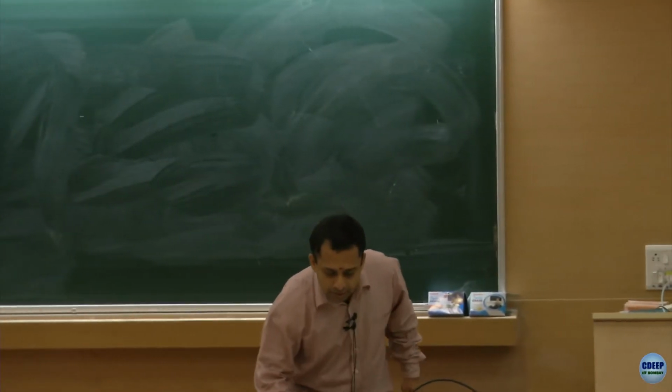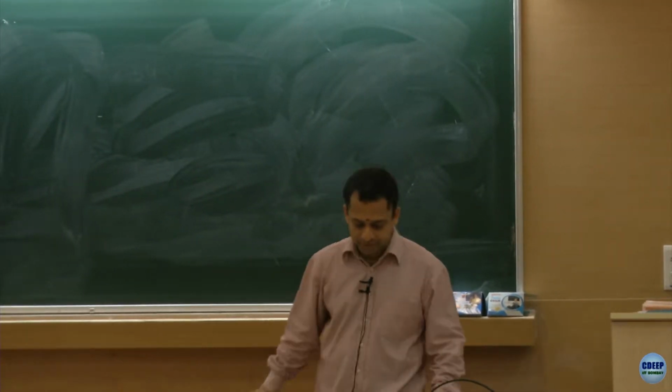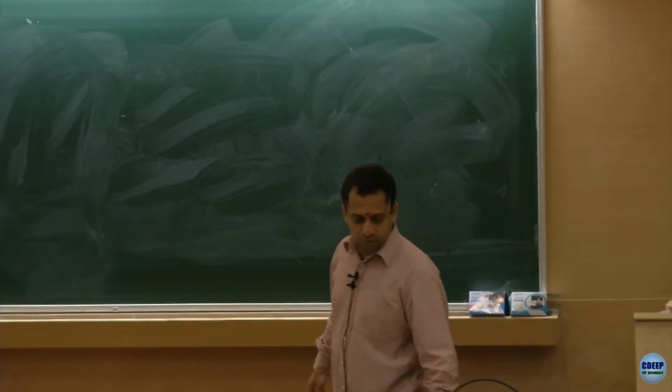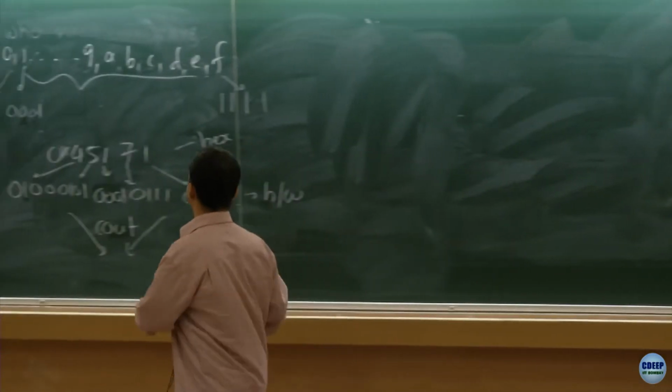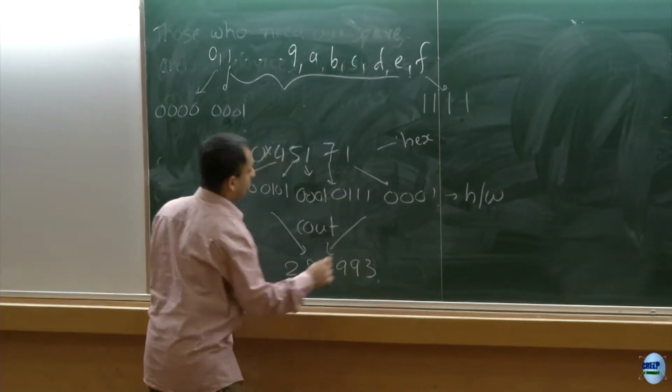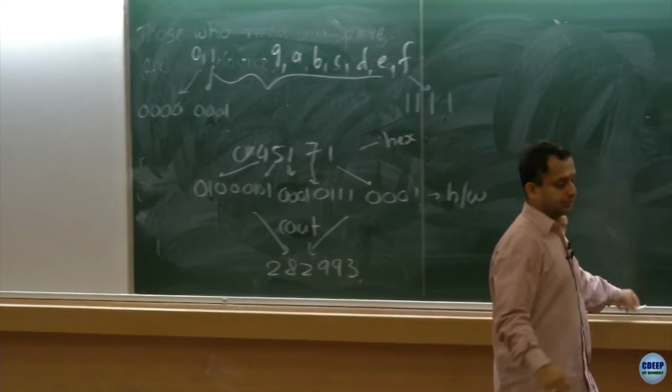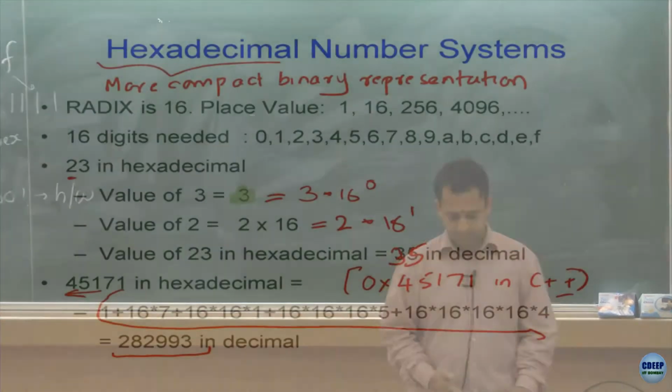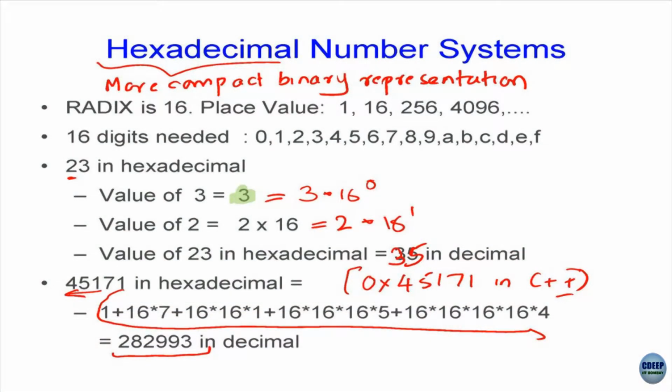Let's just run this program, compile and run it. So 282993. Okay, so this is what is happening. 282993 in decimal.